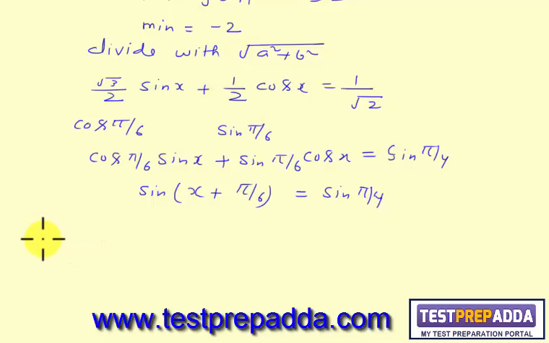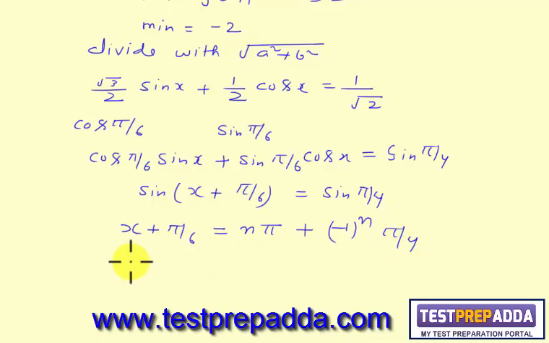If sin x is equal to sin theta, we had discussed earlier, x will be n pi plus minus 1 to the power n theta. So here it becomes x plus pi by 6 is equal to n pi plus minus 1 to the power n pi by 4.